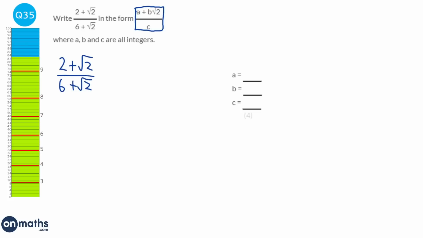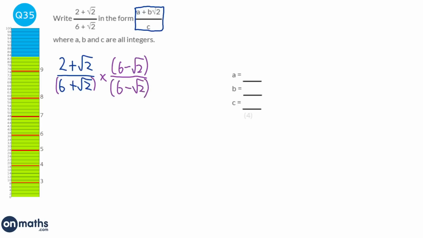won't rationalise the denominator. The trick here is, imagine that the bottom here is a bracket, and what you want to do is times top and bottom of this fraction by the same bracket, but with the opposite sign in the middle. So instead of 6 plus root 2, it's going to be 6 minus root 2. So we're going to have 6 minus root 2.